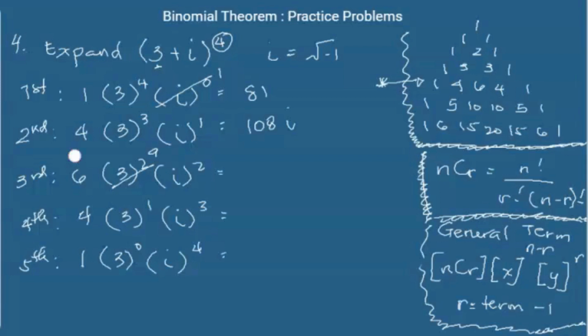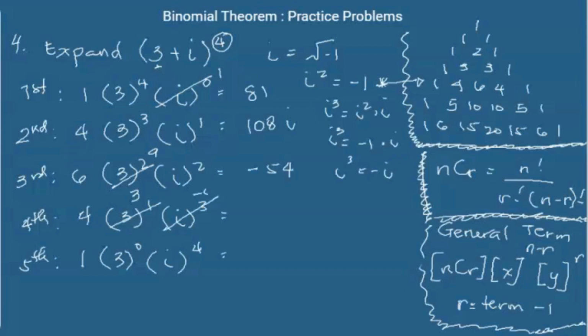3 to the 4th is equal to 81 times 1, and i to the 0 is equal to 1. So we have 81. Next, 3 cubed is 27 times 4 is 108i. Next, we have 9 times 6 is 54. And what is i squared? i squared is equal to negative 1. So negative 54. Fourth term, we have 3 raised to the first power is 3. i cubed is equal to i squared times i, and i squared is negative 1, so negative 1 times i. So i cubed is equal to negative i.